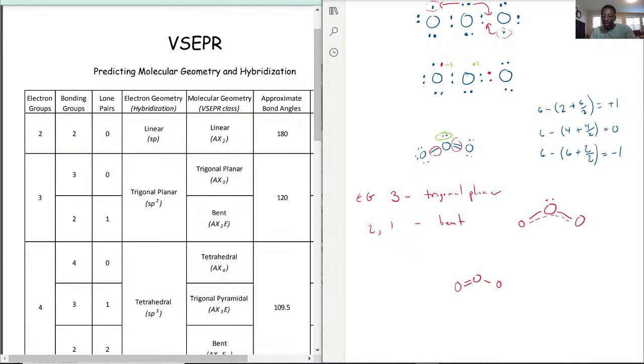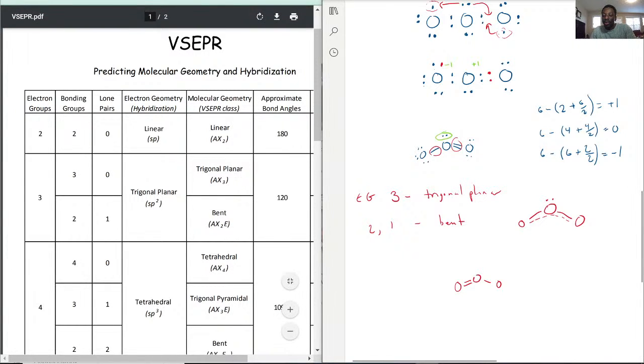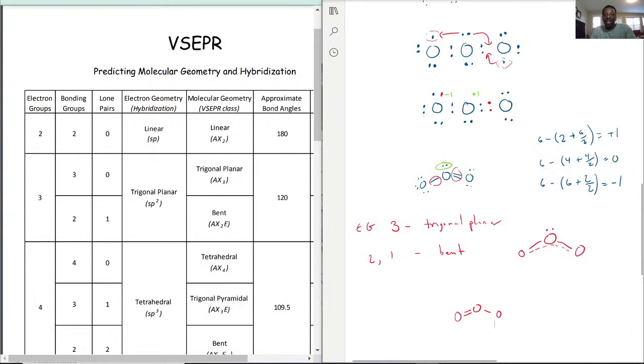Hence why it kind of looks like that, where the electrons are given more space to roam around, adding to its stability, which is why ozone can exist, even though we're dealing with the fact that 1 oxygen is positive and 1 oxygen is negative.